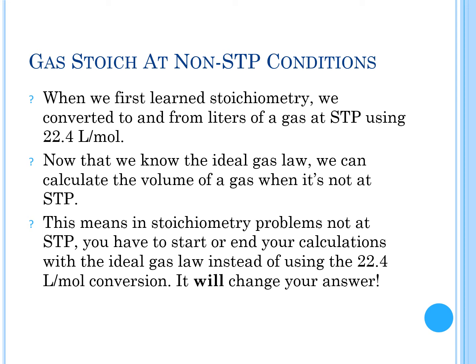But we know that the ideal gas law is a better representation of what we see in our lab setting because we're not at STP. We're not always at standard temperature and pressure. So instead, we can use our ideal gas law and plug that into the equation instead of 22.4. It will change the overall answer, but is a better representation of what we're seeing in a specific scenario.